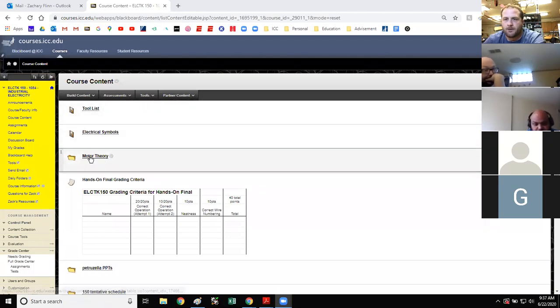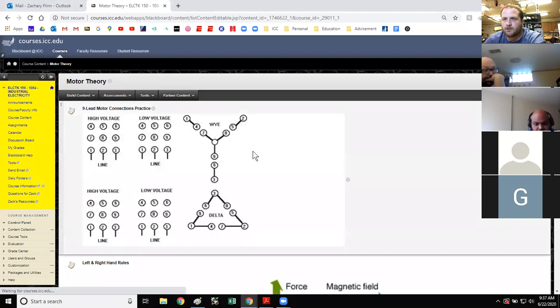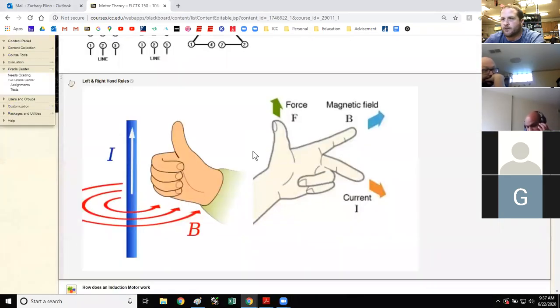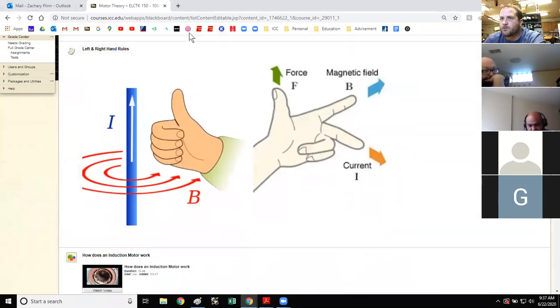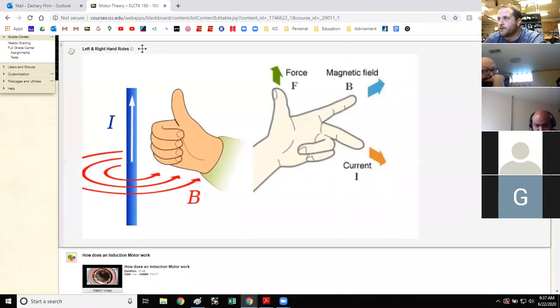So I'm going to go into this folder that says motor theory, and there's two hand rules. You familiar with these? Yes. Okay, well, first let's talk about the one on the left. That's the right hand rule.